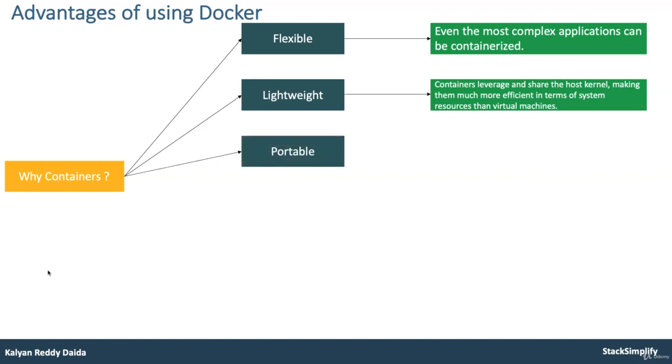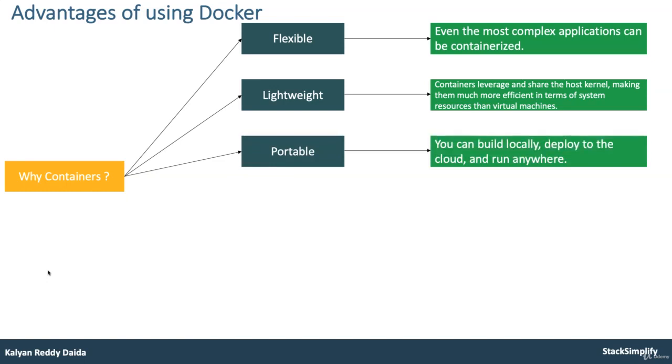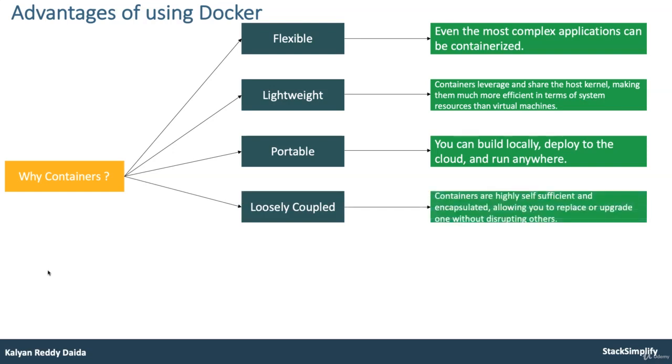They are very portable: you can build locally, deploy to the cloud, and run anywhere. They are very loosely coupled. Docker images and containers are highly self-sufficient and encapsulated, allowing us to replace or upgrade one without disrupting others.